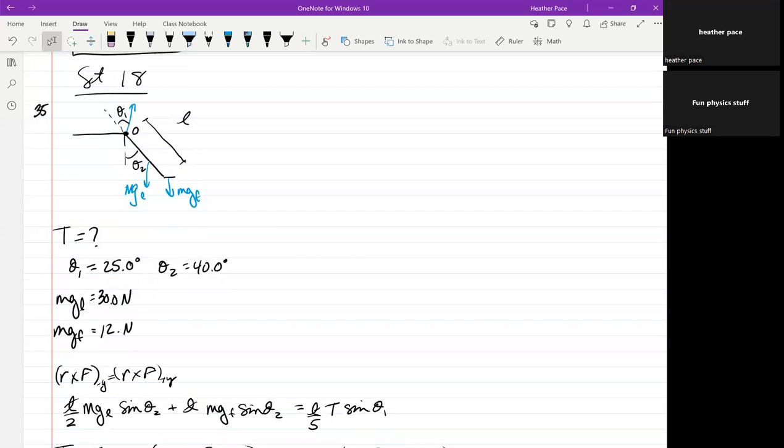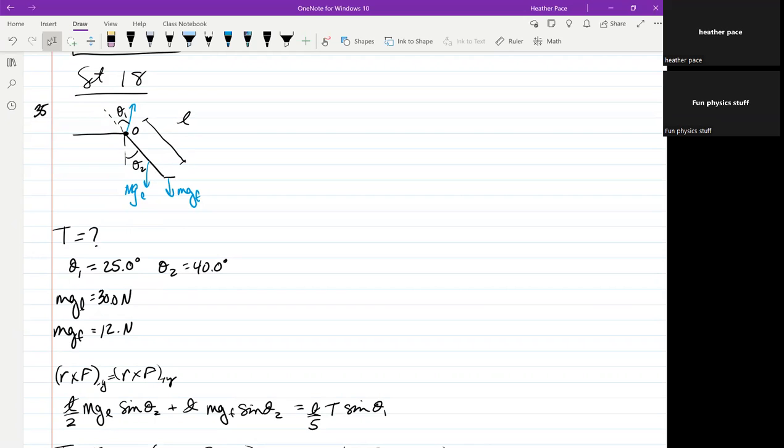Again, I didn't draw. All right, so the large quadricep muscle in the upper leg terminates at its lower end in a tendon attached to the upper end of the tibia, as shown in the figure below. The forces on the lower leg when the leg is extended are modeled in the figure below, where T is the force of tension in the tendon, W is the force of gravity acting on the lower leg, and F is the force of gravity acting on the foot.